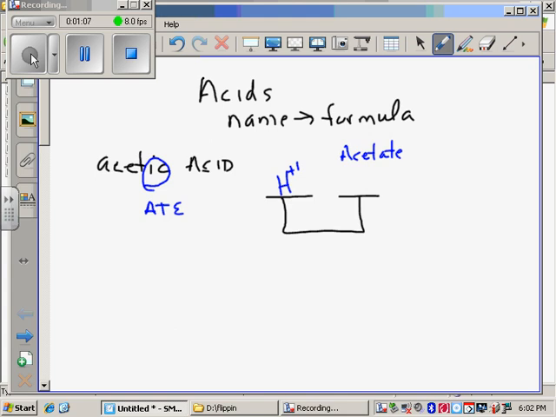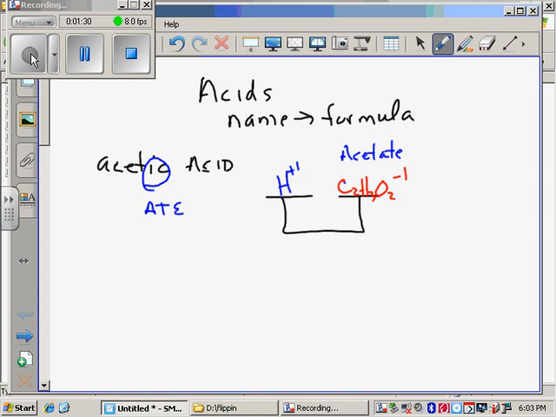So we go looking on our sheet for the acetate ion, and we discover it at the top of our polyatomic ions. It's C2H3O2, and that is the acetate ion, and it's a -1 in charge.